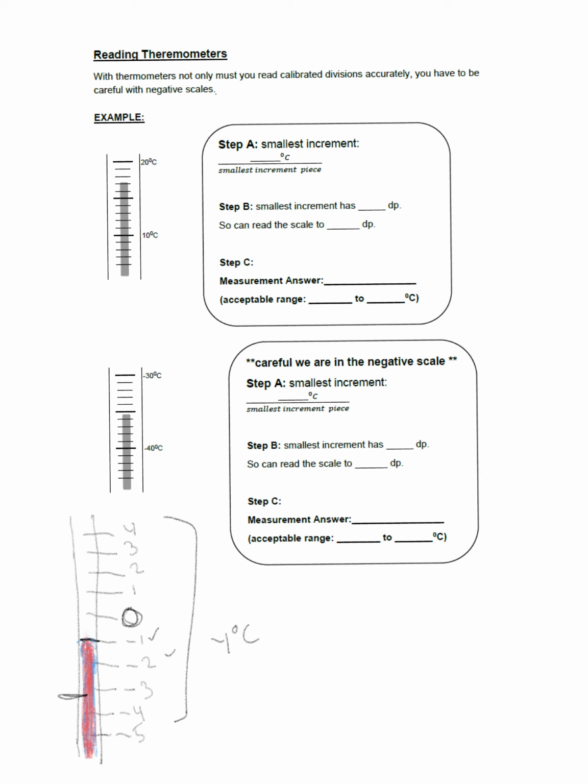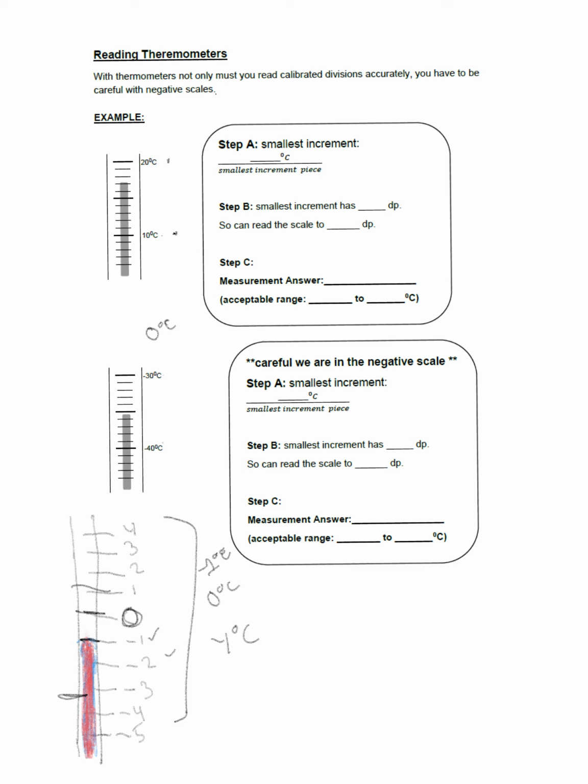If it was here, it would be 0 degrees Celsius. If it was here, it'd be 1 degree Celsius, and so on. That's all we're asking over here. You have -30, -40. So somewhere up here is going to be 0 degrees Celsius. And over here on the top, these numbers are just positive.